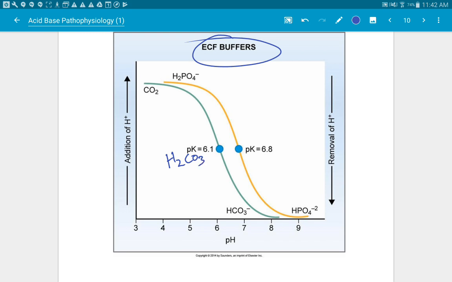And what they're showing is, when you try to change the pH on a solution that has that molecule in it, it actually takes a lot of addition or subtraction of hydrogen ions to actually move the pH. Do you see how steep the line is from like here through here?